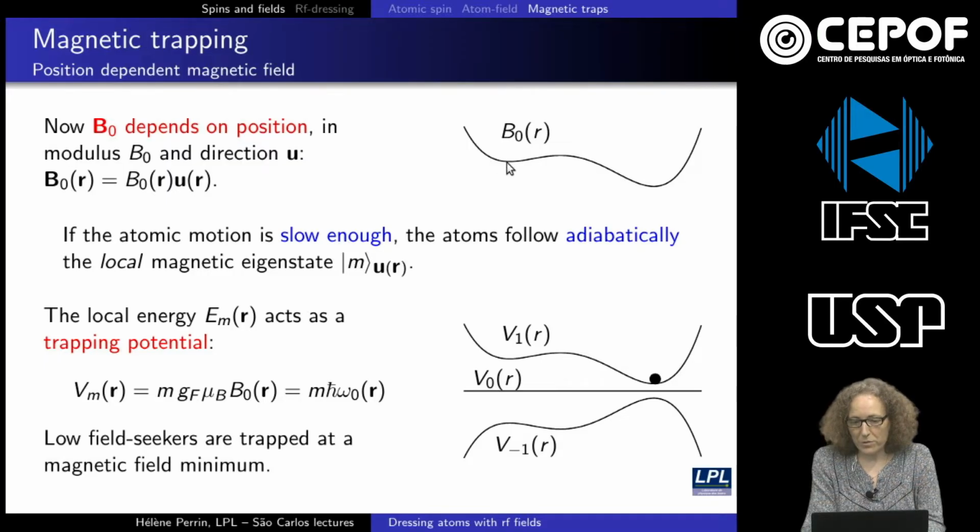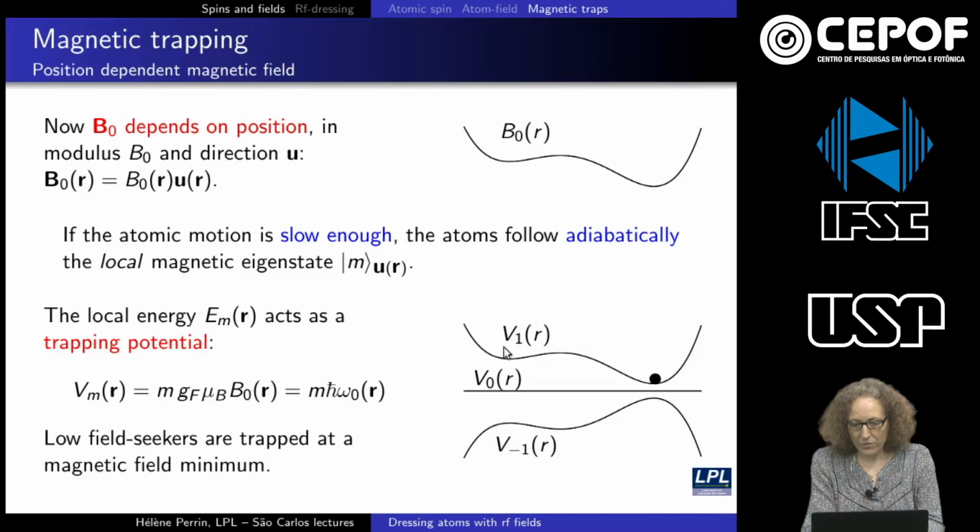So at each point of space I have a spin operator that I have to diagonalize. I know the eigenstates, but now the question is, will the atom follow the eigenstate everywhere if I go to another position? And this will be true if the motion is slow enough with respect to the splitting between the eigenstates.